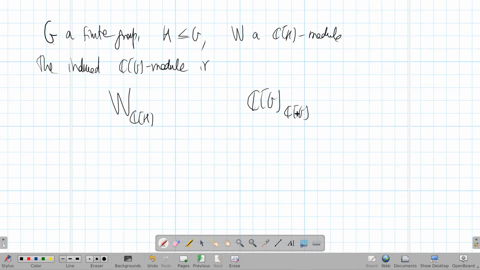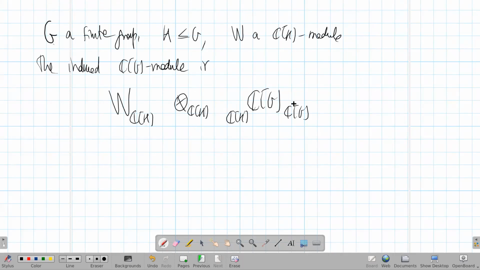We can multiply on the right by an element of itself, and a left CH module. You multiply on the left by CH, and then you take this tensor product over CH, meaning that elements of CH can go from the left here to the right here, and this is a CG module, because recall that these two in a sense cancel out.